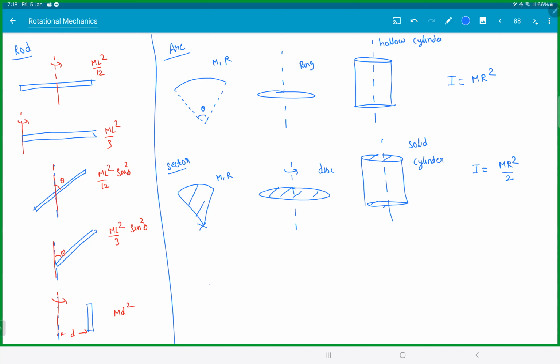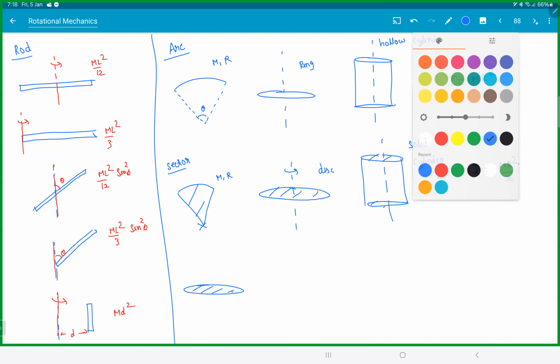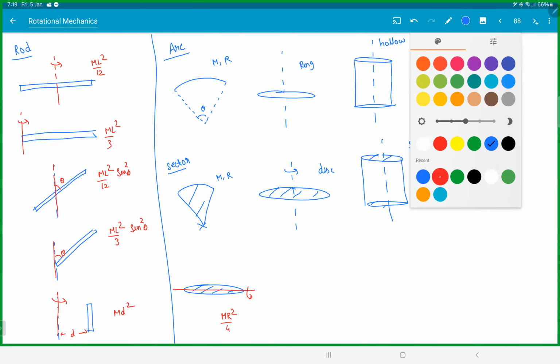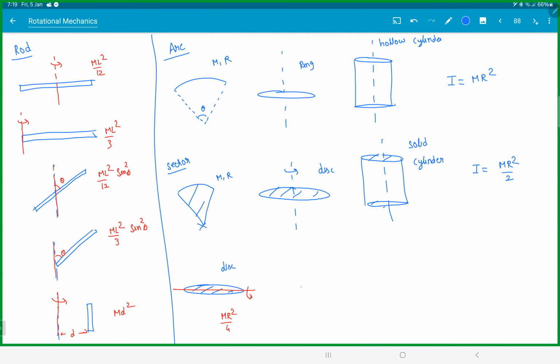And for the disk passing through the diameter, mr square by 4. That half disk, this is also mr square by 4.